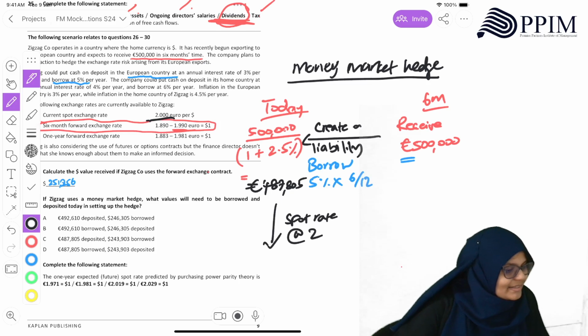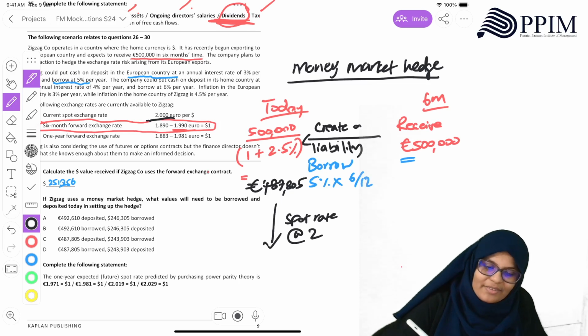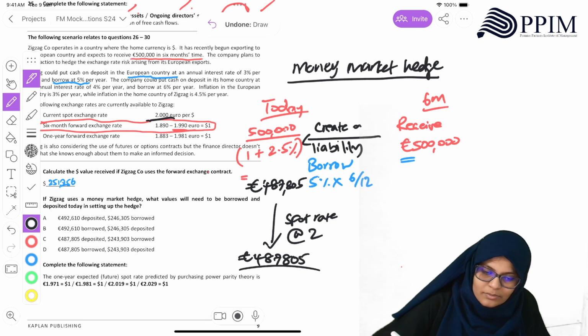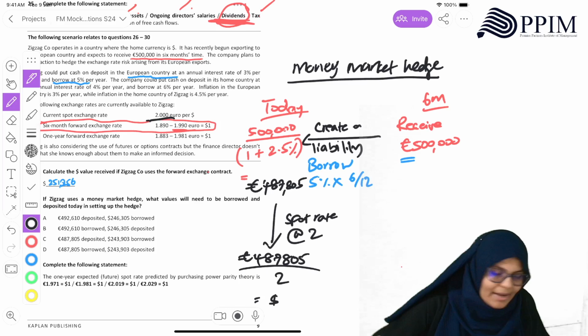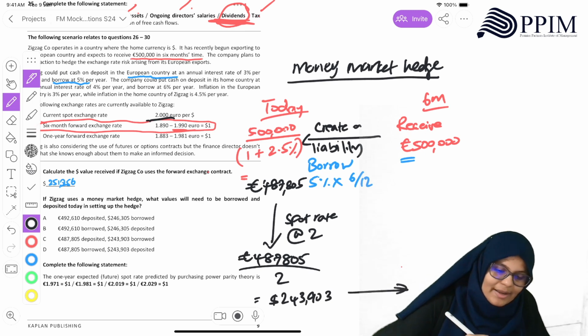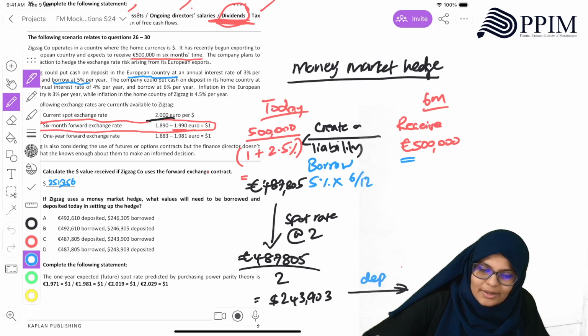So 487,805, I will divide it by 2. Okay, so I will get in hand in dollars 243,903, which I will go ahead and deposit into my account.